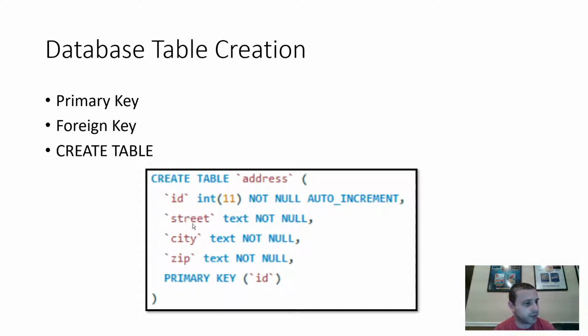This address table contains a street, which contains text-based values, and it's not allowed to be null. Then you have city and zip, which are also text based.